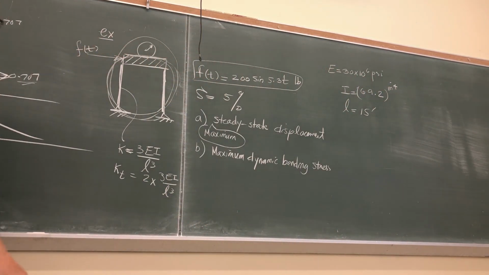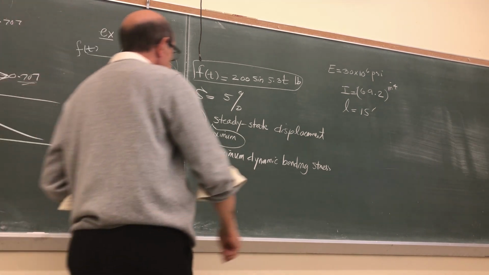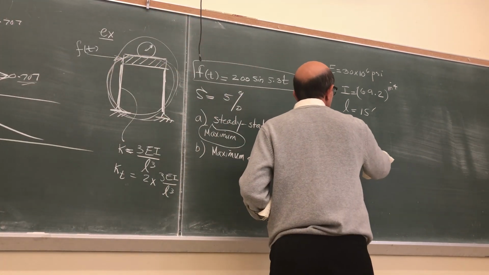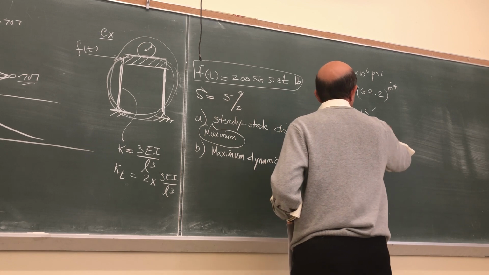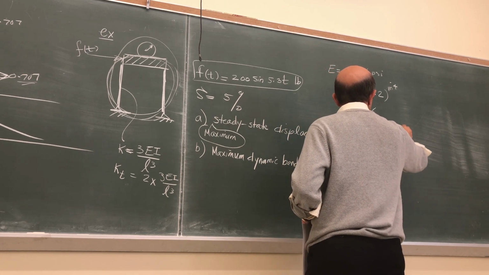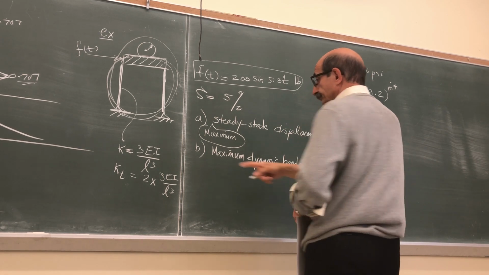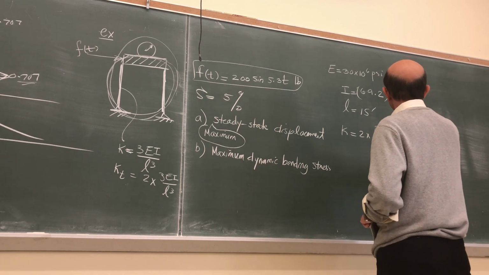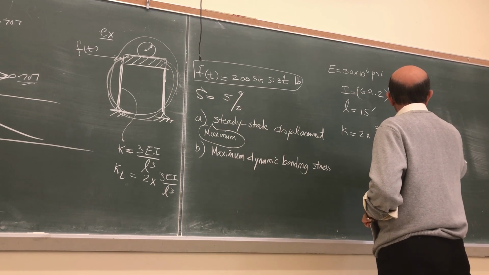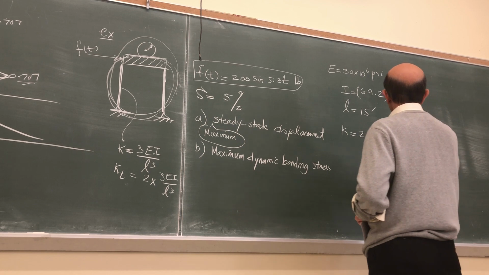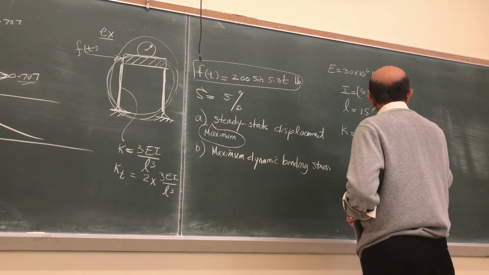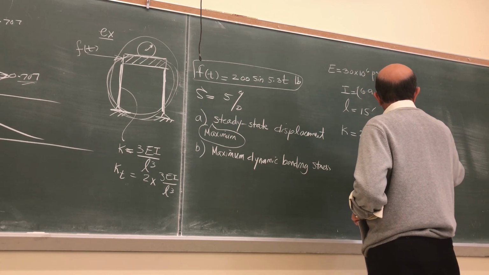So if we substitute in here, K would be 2 times 3 times 30 times 10 to the 6 psi, times I, 69.2, divided by (12 times 15) cubed.